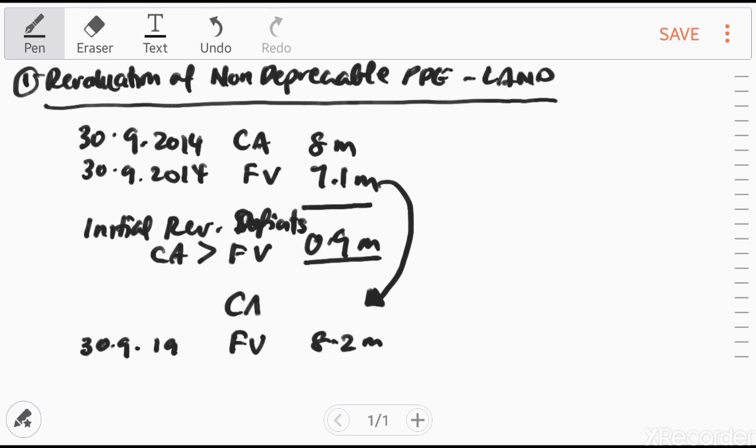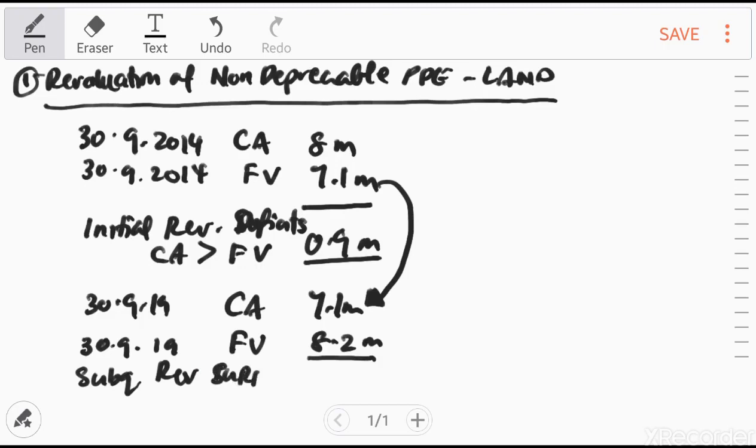So the carrying amount will just take that 7.1 million, and that is on 30th of September 2019. You compare that again, and this will give you the subsequent revaluation. And this is a surplus. How much? It's 1.1 million.